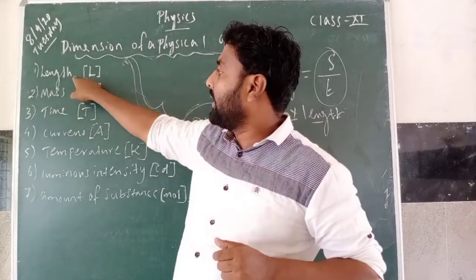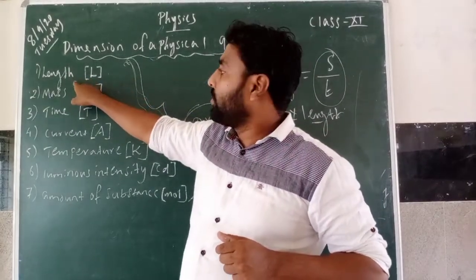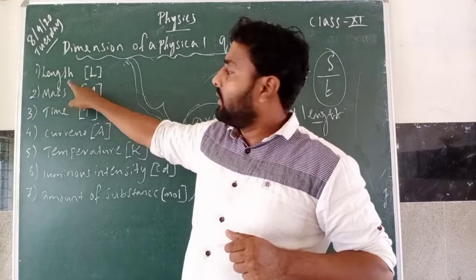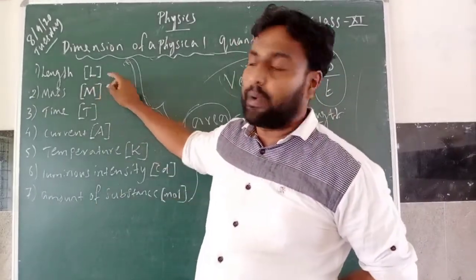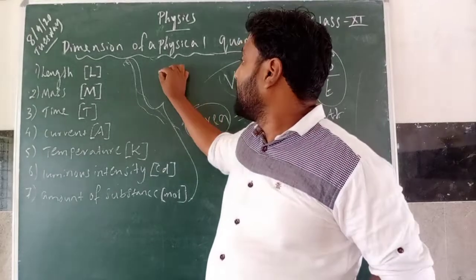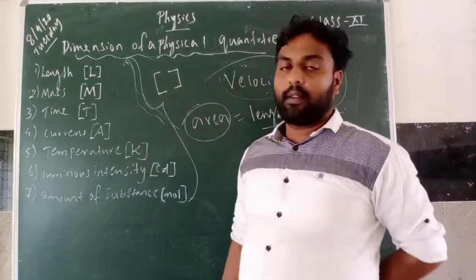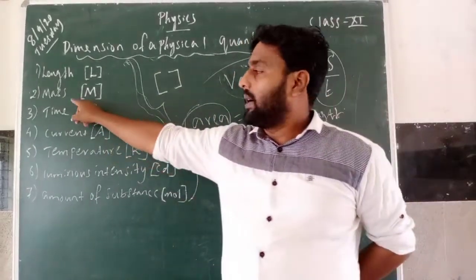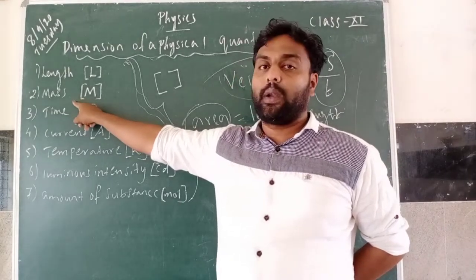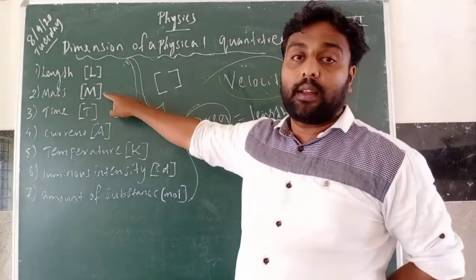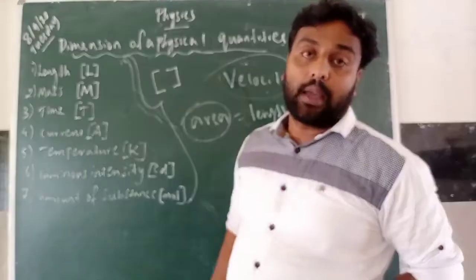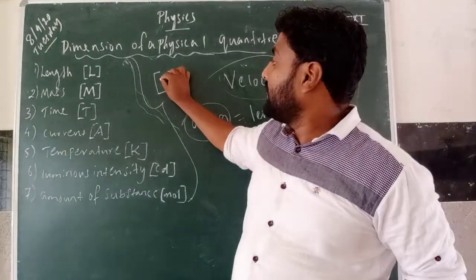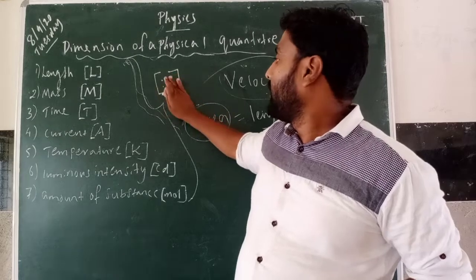So length is a basic quantity. To represent the length, we use capital letter L inside a square bracket. Mass is a base quantity; we can represent the mass by using capital letter M inside a square bracket.